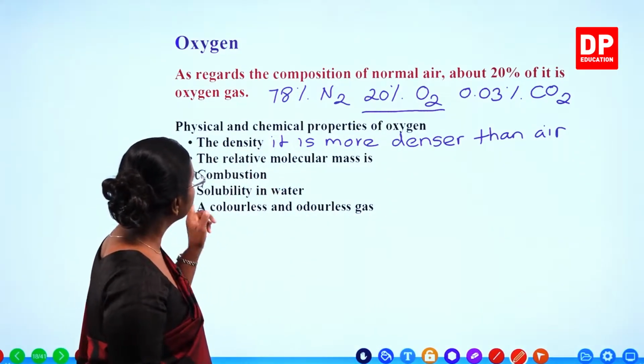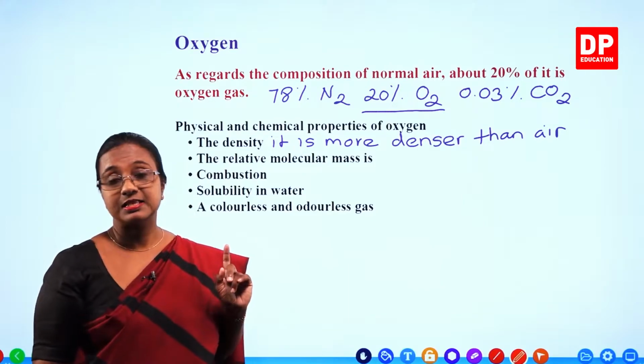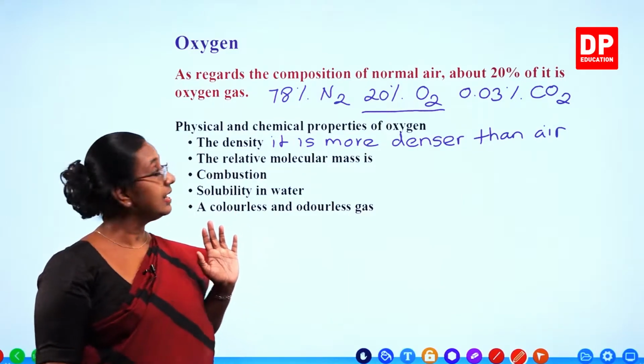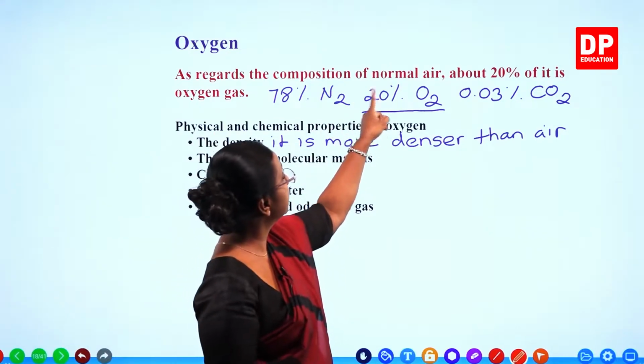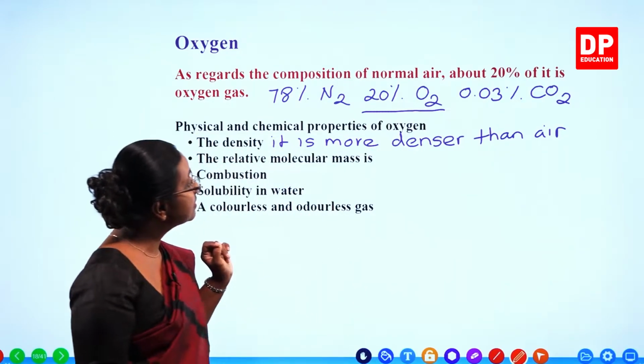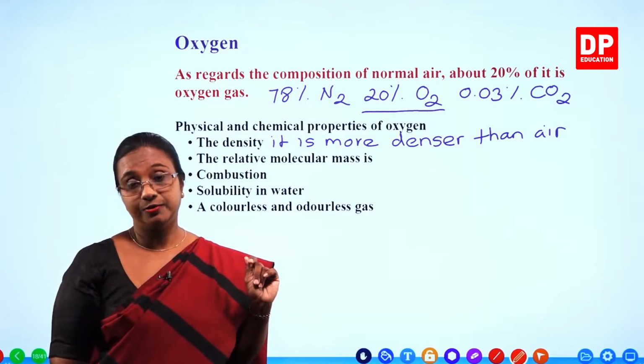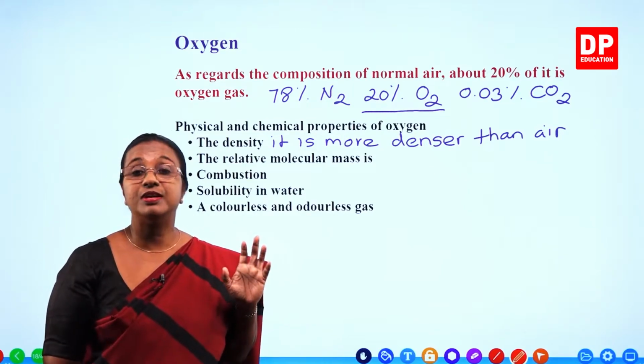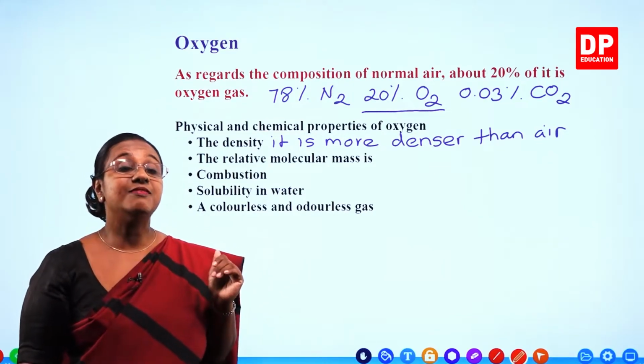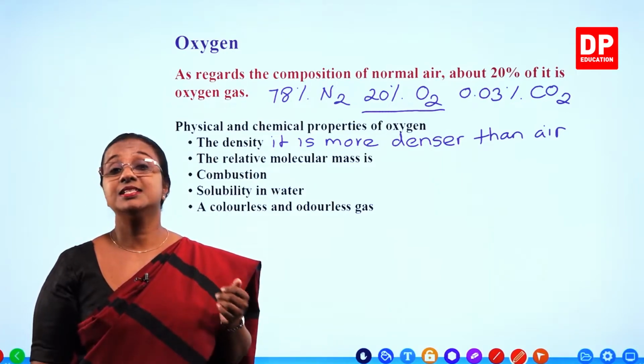Then if we look at the relative molecular mass, how do we calculate the relative molecular mass? You can see here it is 20% oxygen. So that is the O2 molecule. You can remember, the relative atomic mass of oxygen is 16.